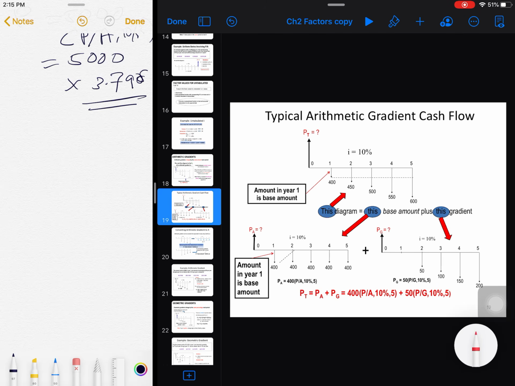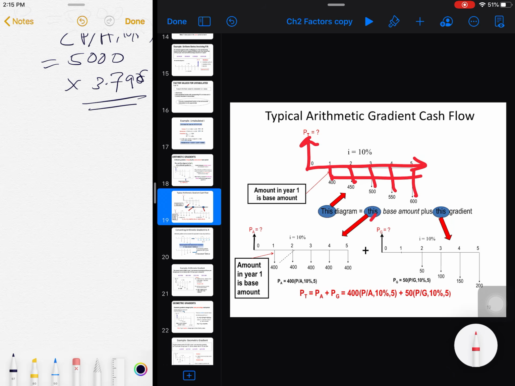So in a typical arithmetic gradient, you have PT. What is PT? PT is P total, right? You have the timeline here. You have the first year, second year, third year, fourth year, and fifth year. Okay, this diagram, this base amount plus this gradient, is equal to this base amount.